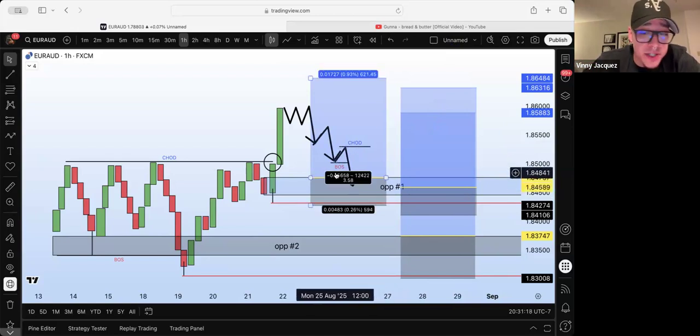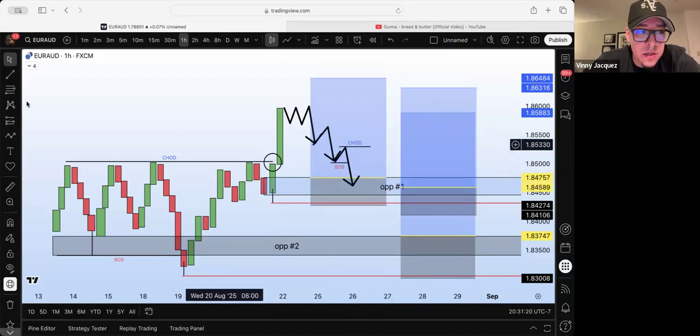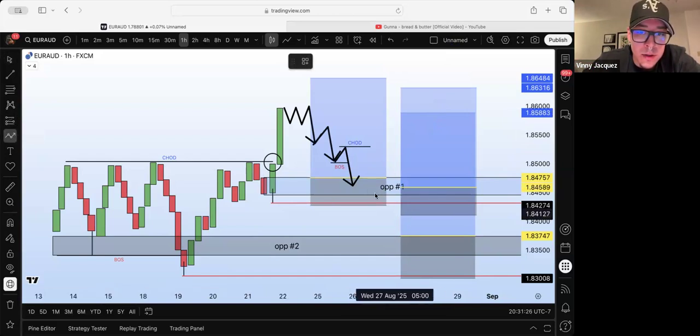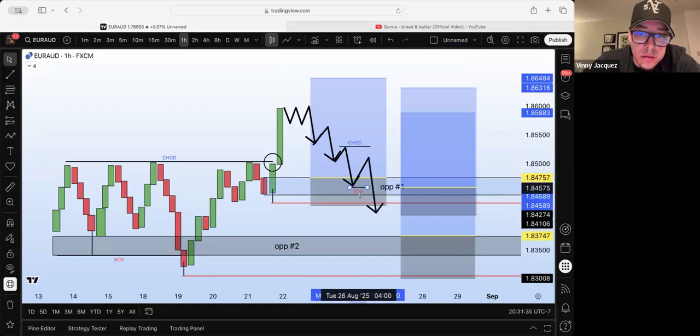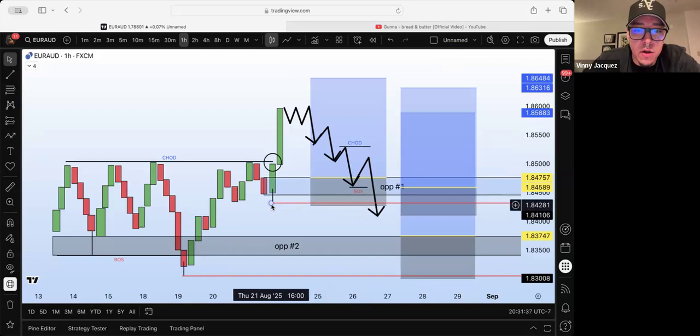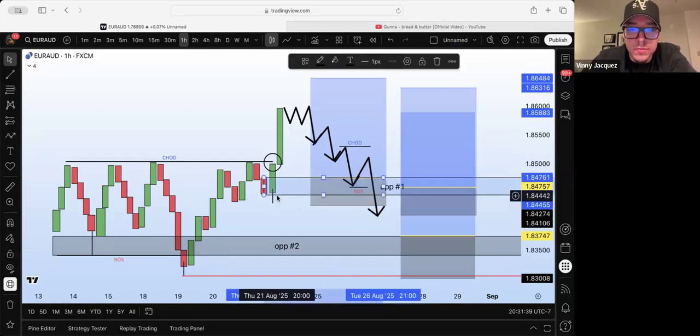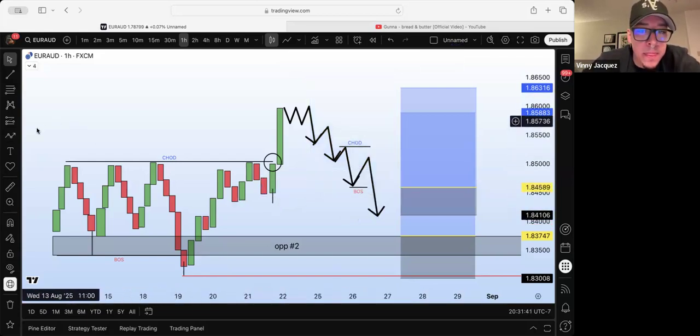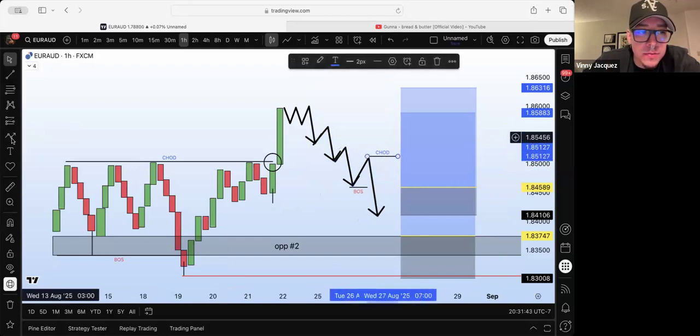We can wait for confirmation in order to get into these opportunities. So Vinny, how will I know if opportunity number one isn't the zone? Well, if we don't get a change of direction and we continue down, that's how you know opportunity zone number one wasn't the zone. We can go ahead and delete that and we stay fresh.